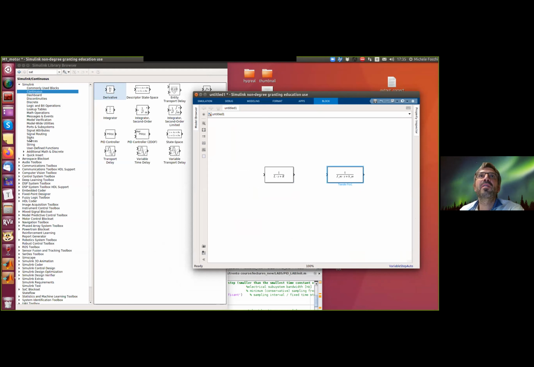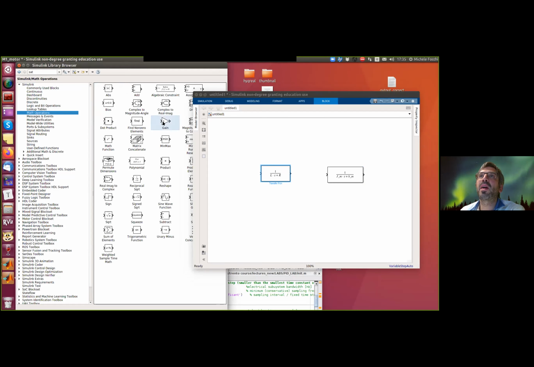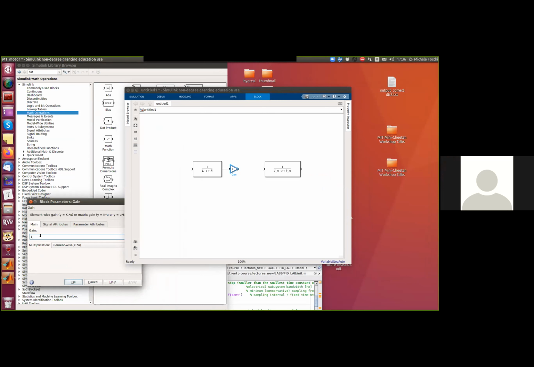Then we need some gains, because the output of the electrical dynamics is the current. We need to multiply by what to get the motor torque, you remember? We need to multiply by K, which is the torque constant.